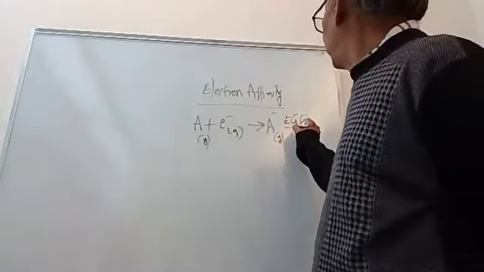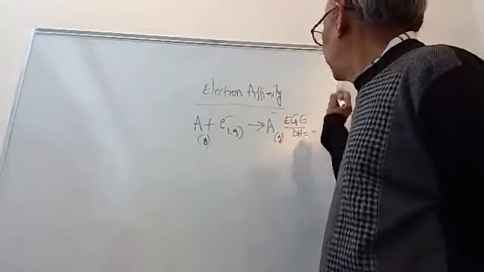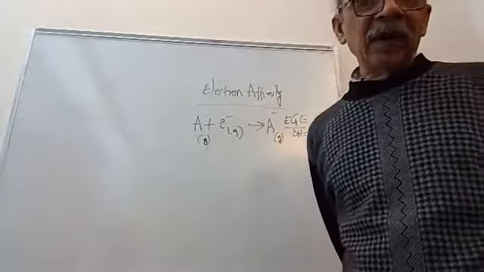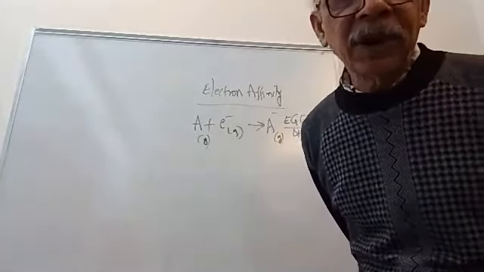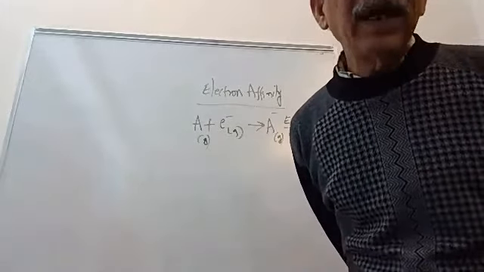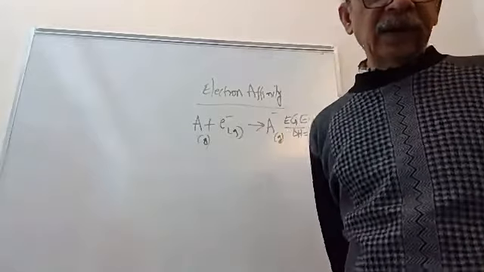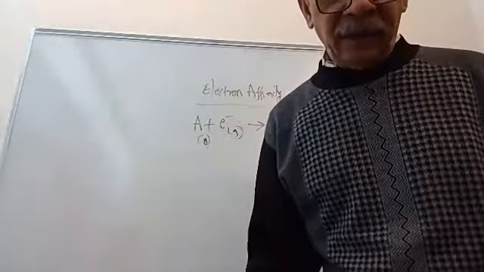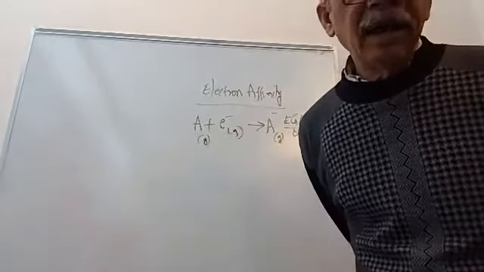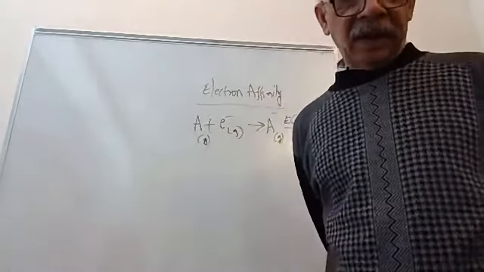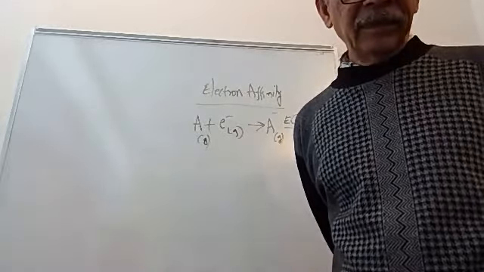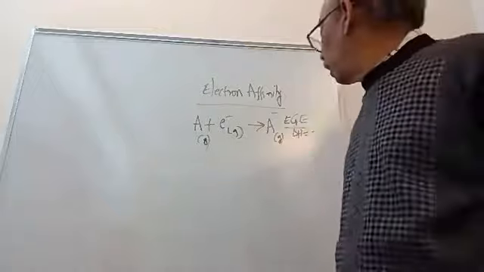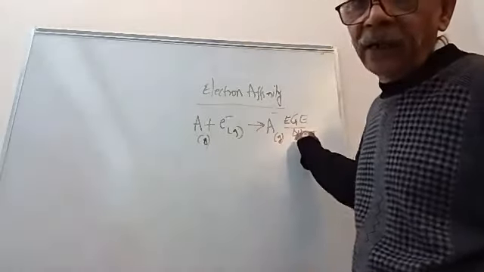People found this EGE for most elements is exothermic, which basically tells you atoms, regardless of their position in the periodic table, all have some affinity for electrons. Some have more affinity, some have less, but all atoms in general have very high affinity for electrons. This is the observation. But that's not electron affinity, right?